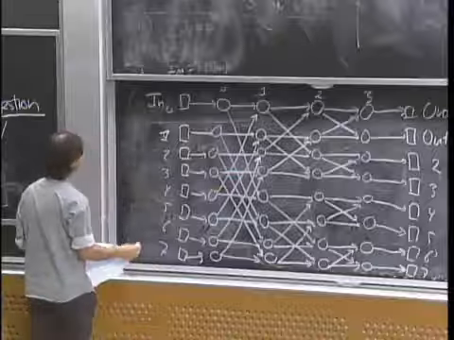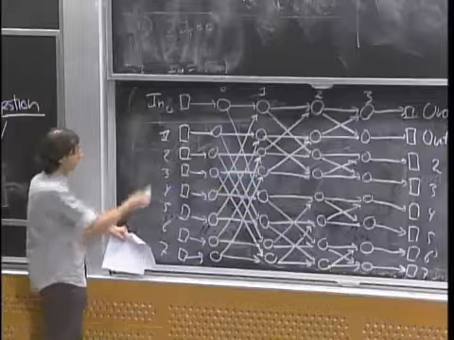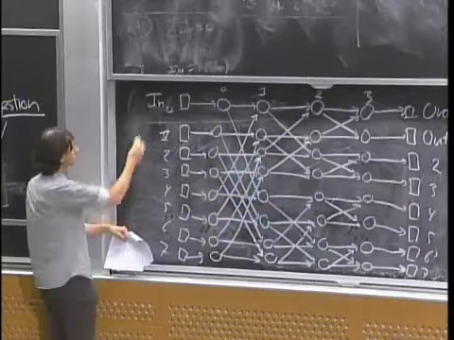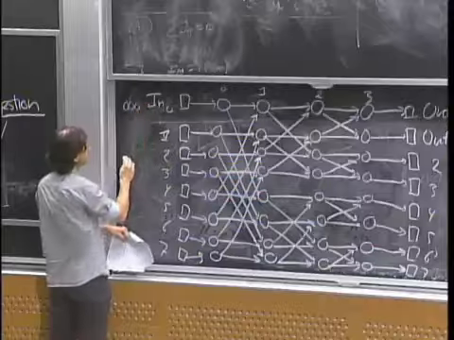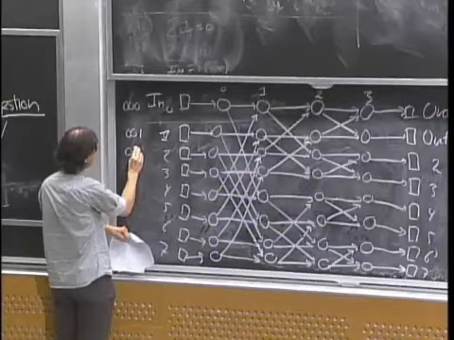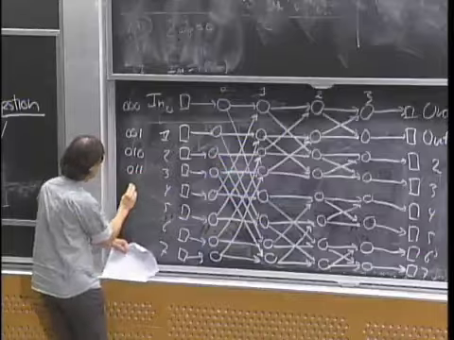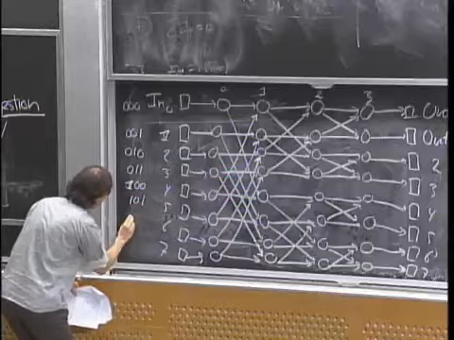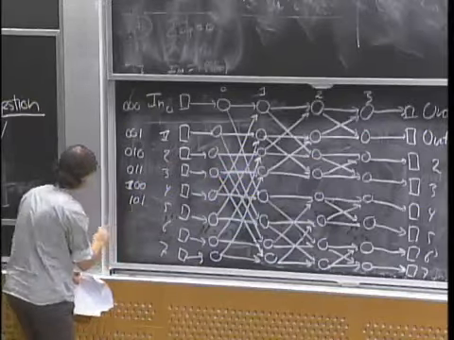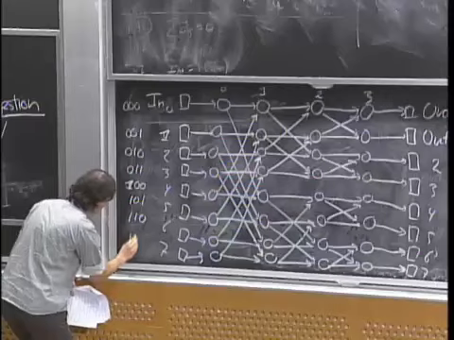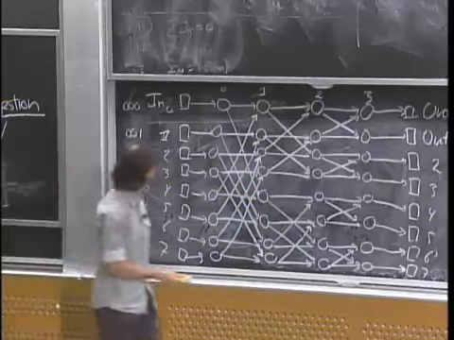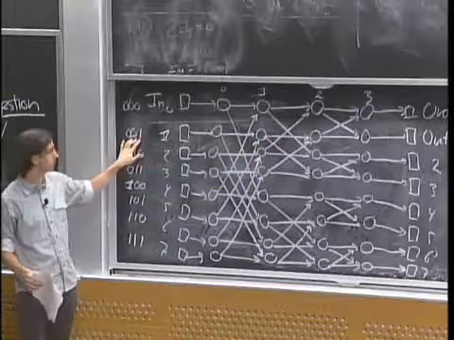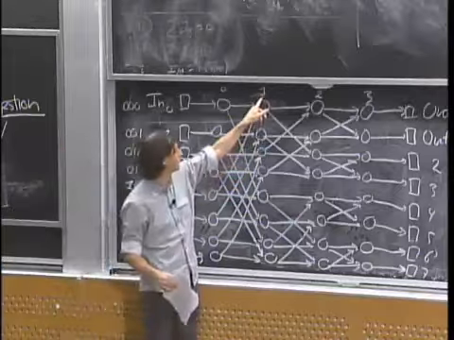And the rows are these integers, but we're going to represent them by binary numbers. So 0 would be 0, 0, 0, then 0, 0, 1, 0, 1, 0, 0, 1, 1, 1, 0, 0, 1, 0, 1, and then 1, 1, 0, and 1, 1, 1. For example, this particular switch would be labeled by these 3 bits, 0, 0, 1, and the integer 1.